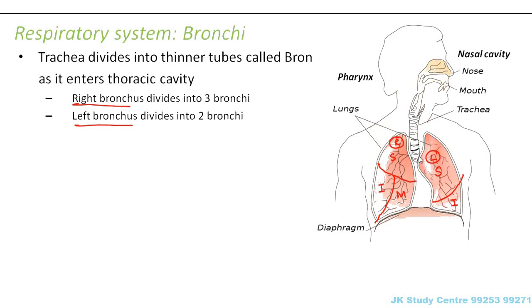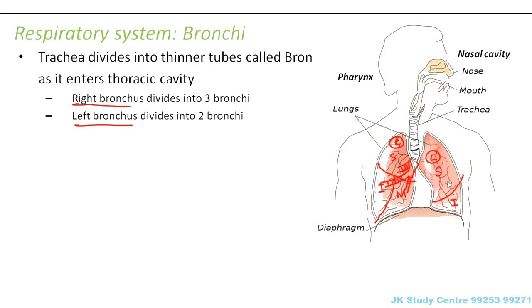So how will the bronchus look like? It will be something like this. One branch getting into the superior lobe, one branch getting into the inferior lobe, and one branch entering into the middle lobe. So this is how it will look like.